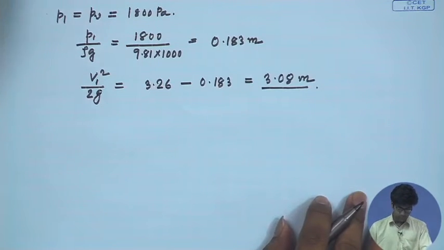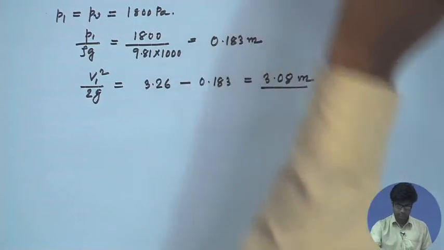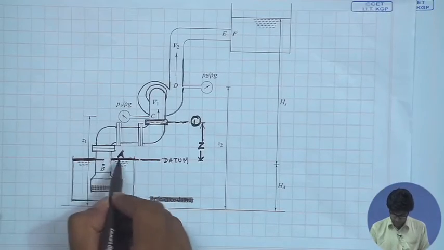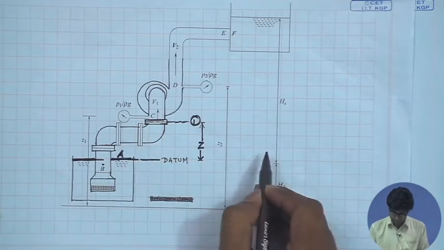Now, let us apply Bernoulli's equation between this section and the impeller inlet.